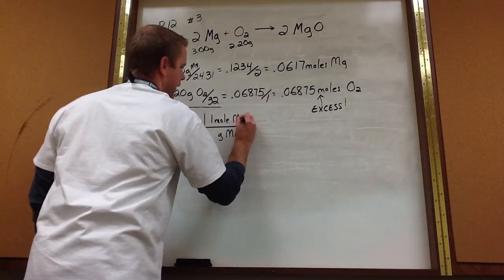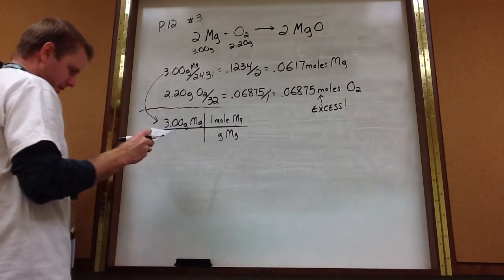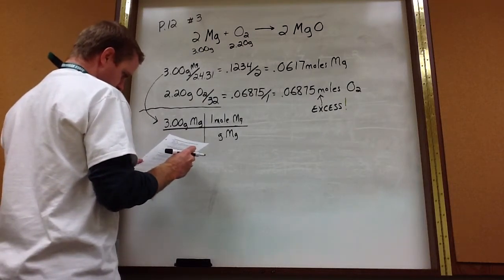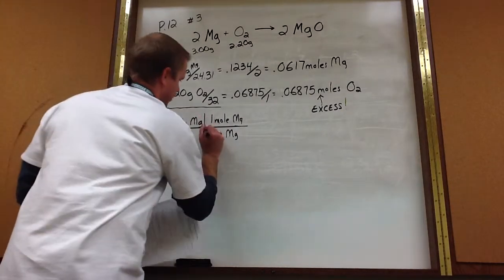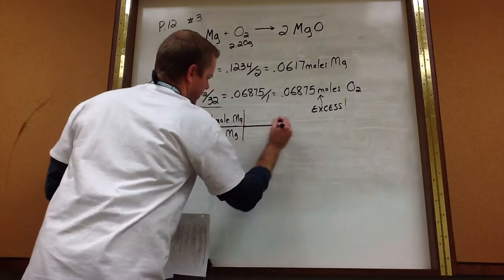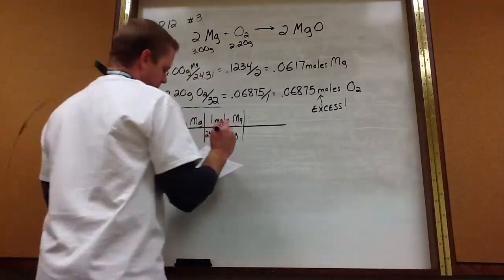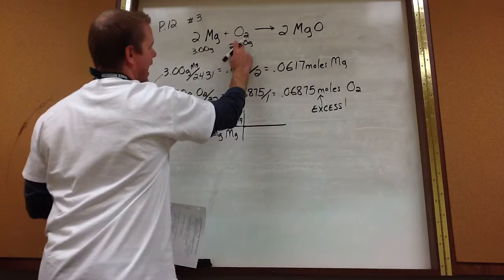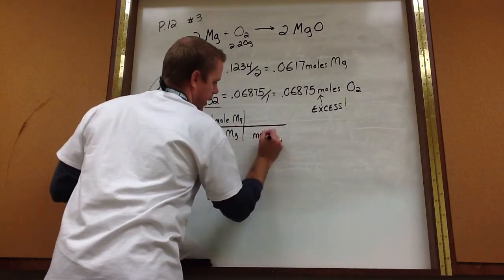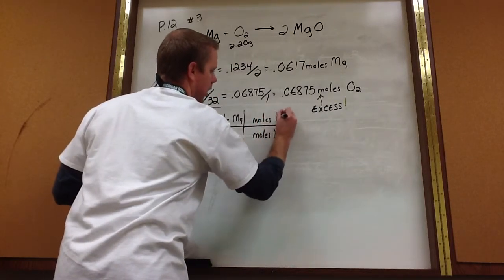Well, we can go find that on the periodic table, and that is 24.31. Right? So then we keep going and we look at our mole ratio step. What we want to know now is our excess, how much of this 2.20 grams is left. So we're going to compare moles of Mg to moles of O2.